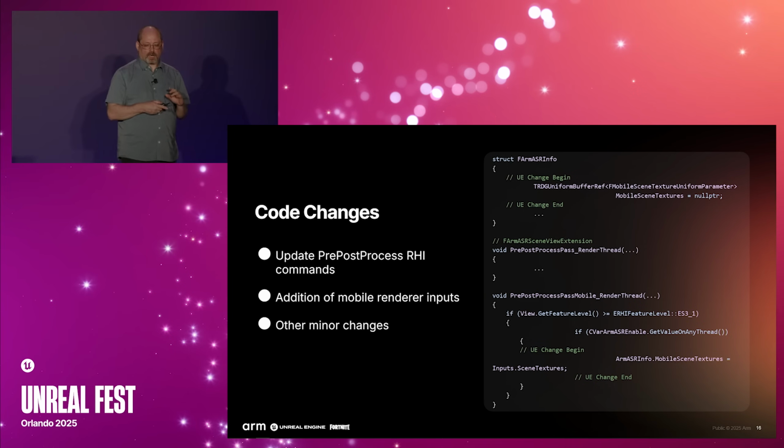We also updated our post-process commands to be able to call it properly on the engine side. And then there are some other minor changes that we made, such as using either the mobile scene textures or the deferred scene textures, depending on which one is available, depending on how you've enabled the texturing and the shading in the mobile renderer.